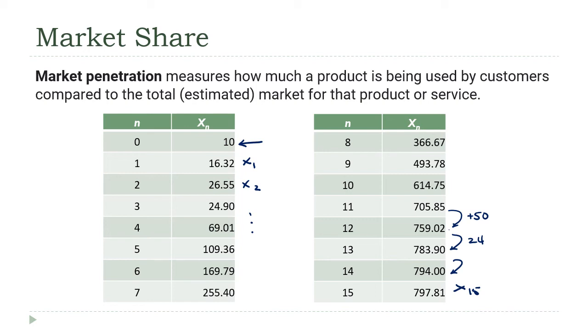Here it increased by only 11, and here it increased by just 3. So we do see that our model seems to be working, right? As time goes on, the growth is slowing down as we approach that maximum market size.